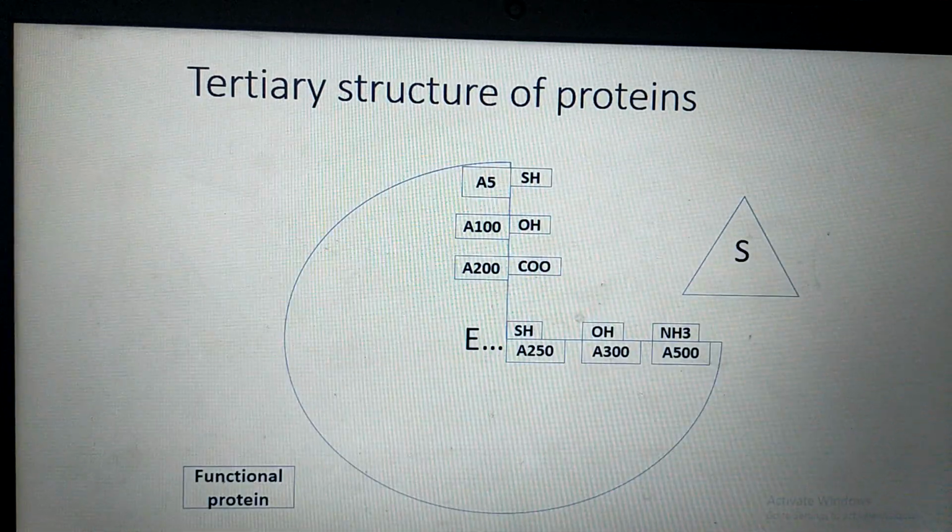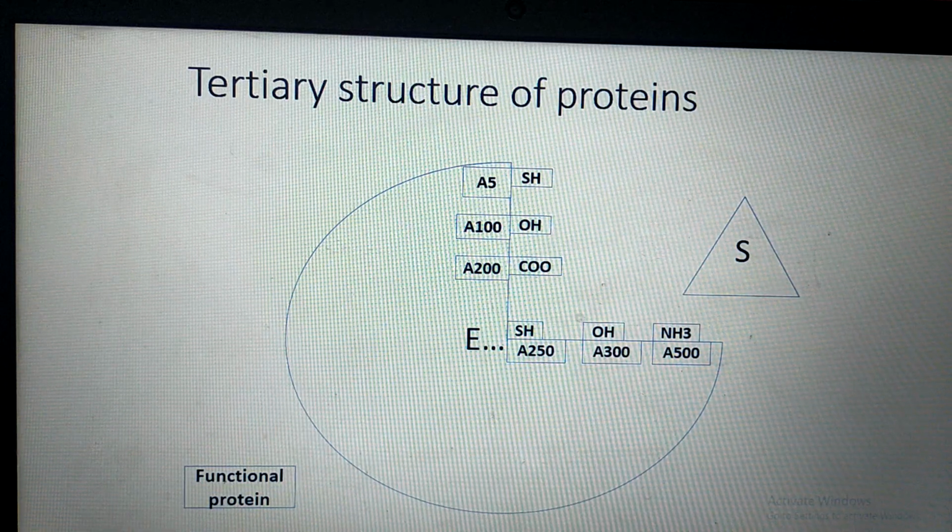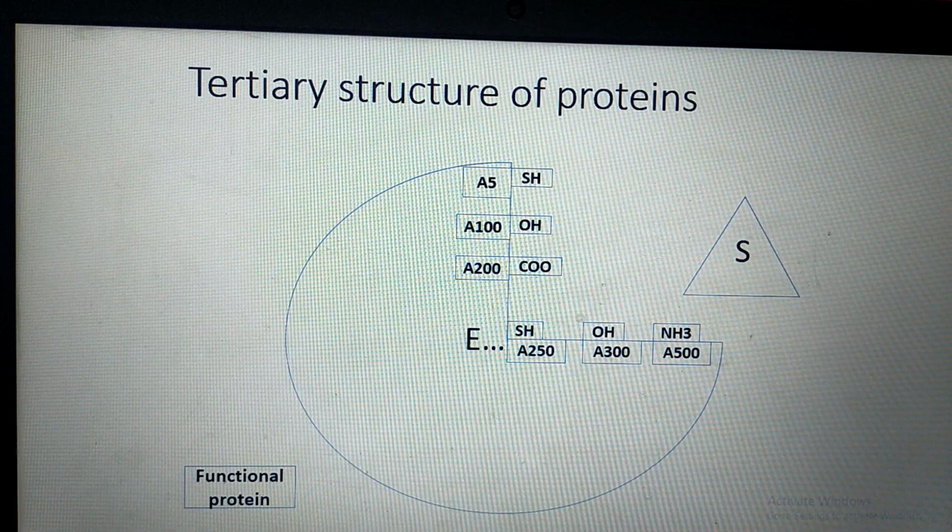Here I have shown a protein with amino acid A5, meaning the 5th amino acid in a polypeptide chain. A100 means the 100th amino acid in the polypeptide chain. A200, A250, A300 and A500 means the 500th amino acid.